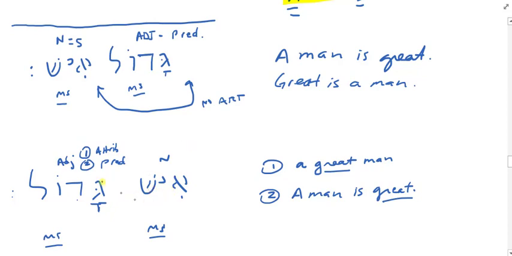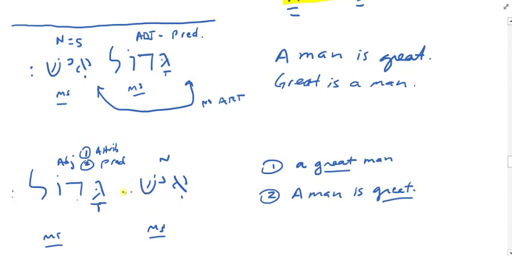Okay? Here you're going to then have to be looking for some context. If it's a predicate adjective, you're going to insert is here. It'll be a copular construction. Something is such and such a quality. But if you have ish gadol, and then you have a real verb following this, something like ish gadol halach el ha'ir, then that means somebody walked to the city.